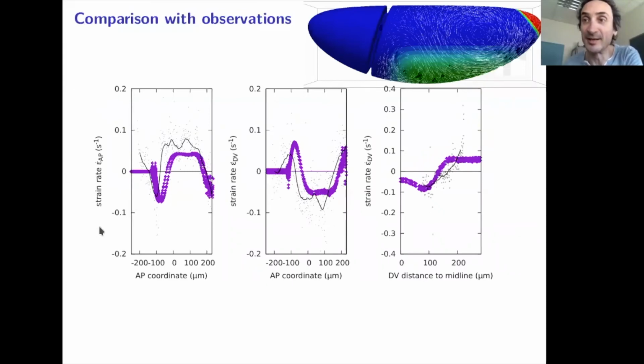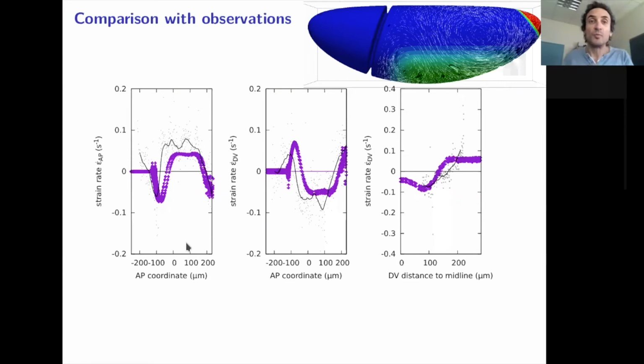So even in the, a mathematician would say that we have an H1 convergence to some good measure of what is happening in the embryo. So the strain rates compared along this line here and that line here are actually quite close to what can be measured in vivo, which is the very spread around dots, and the mean is the black line.